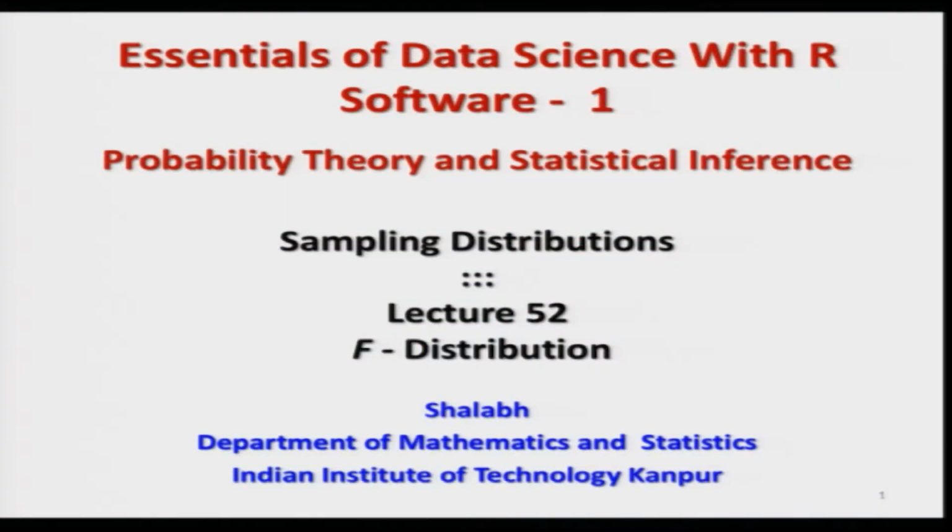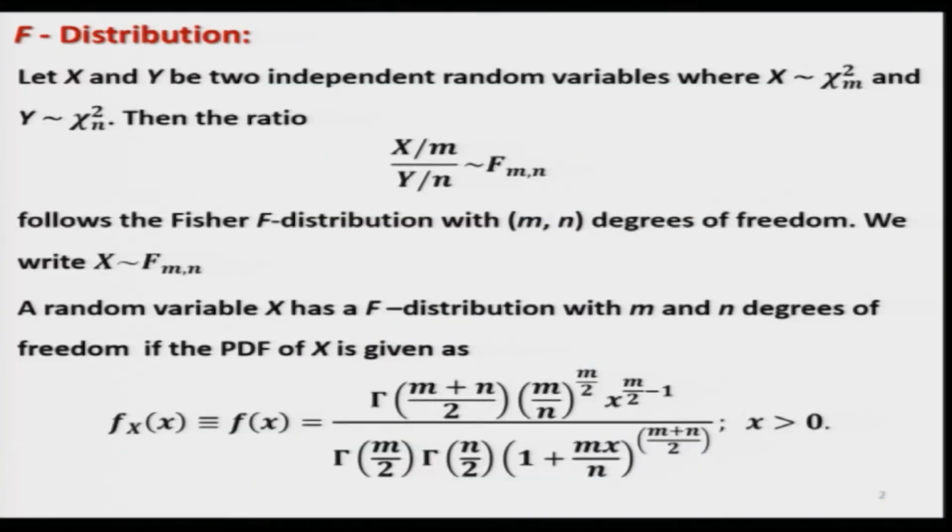Okay, so now you see here that in case you consider two random variables x and y, and suppose both are independent and both of them are following a chi-square distribution. Suppose x is following a chi-square distribution with m degrees of freedom, that is chi-square m, and y is following a chi-square distribution with n degrees of freedom.